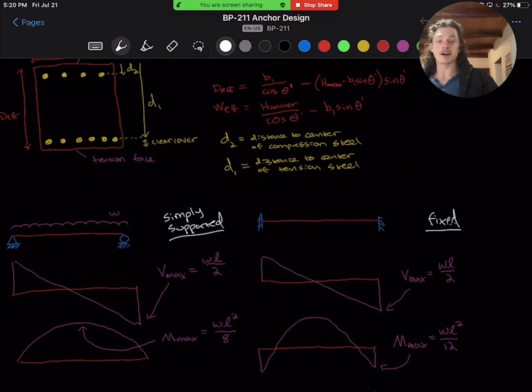Remember that L is our unbraced span, and our W is going to be a distributed load approximation of our cable forces. So we'll take the sum of our forces and divide by that unbraced span L to get our approximate distributed load. And then for our fixed load, you notice the maximum moment actually occurs in the negative direction. So it occurs bending in the opposite direction as our simply supported beam, and that's WL squared over 12.